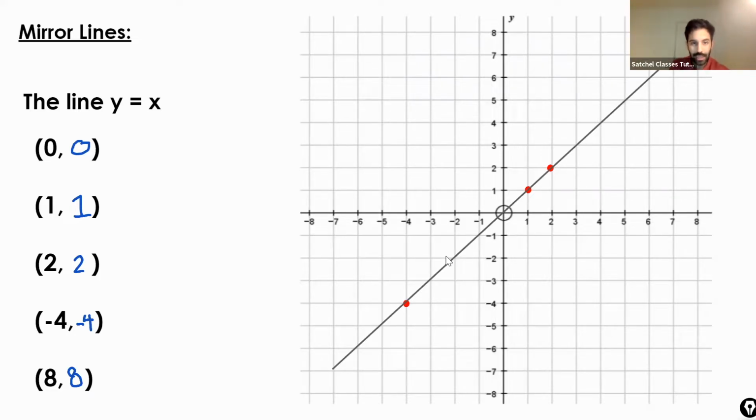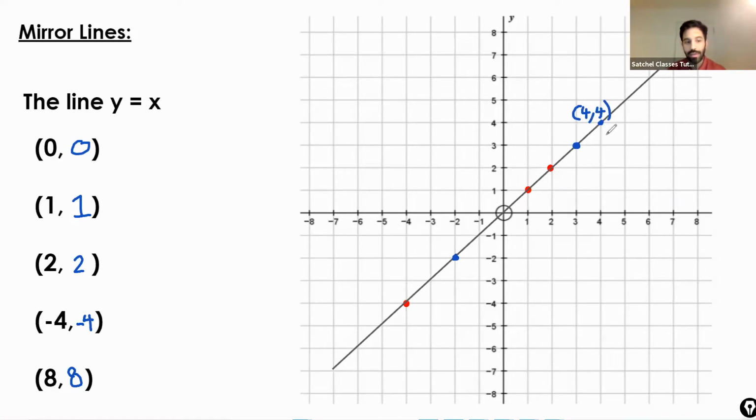And again, what we can see is at each point on the line, the x coordinate and the y coordinate are the same. So if we pick this point here, x is -2, y is -2. If we pick this coordinate here, x is 3, y is 3. If we pick this coordinate here, x is 4, y is 4, and so on.